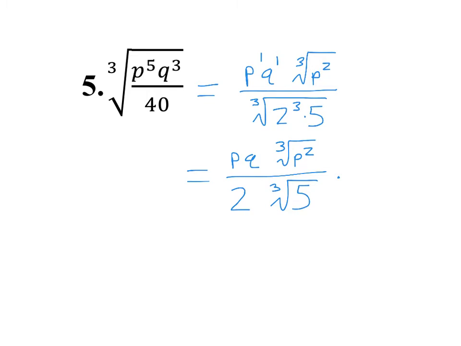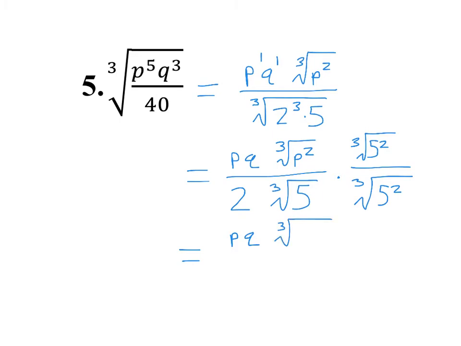All right, to simplify, remember if the index is 3, you need 3 of everything. So we have 1 5, we need 2 more 5s. And we have to do that to the top as well. So this is going to become pq, and then on the inside of the radical in the numerator, we have p squared times 25, or 25p squared.